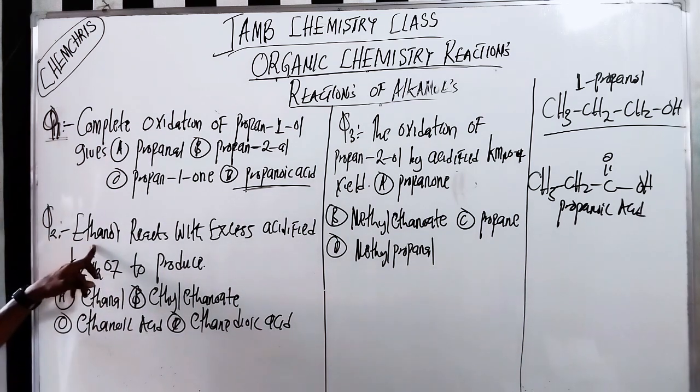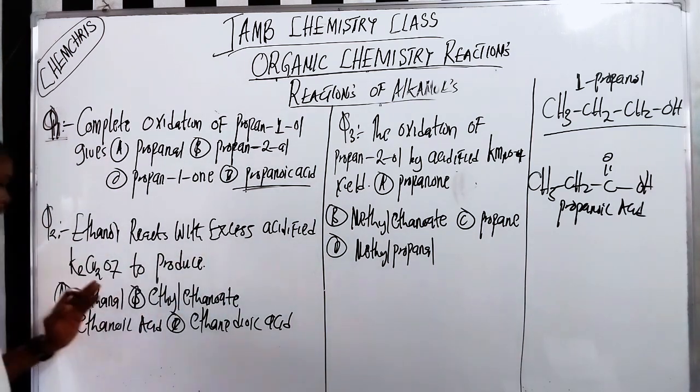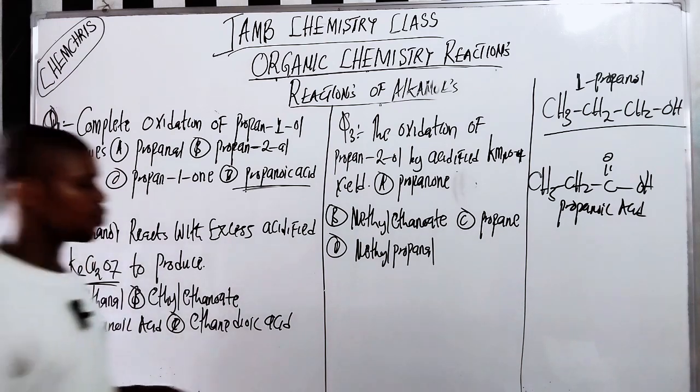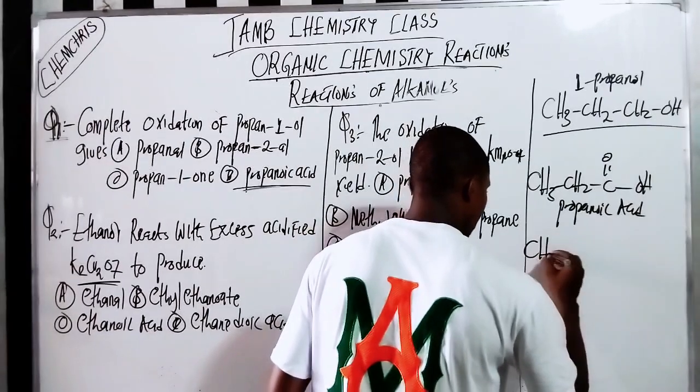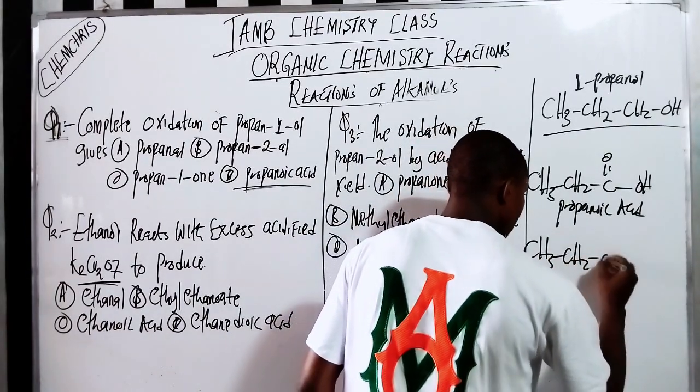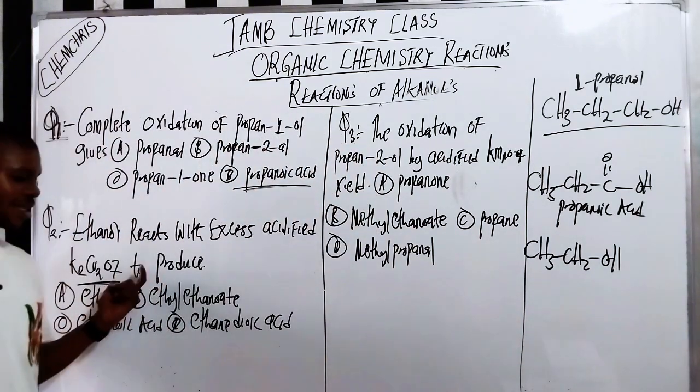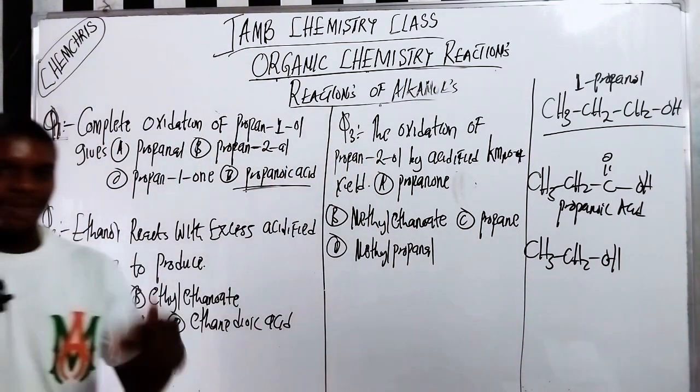Ethanol reacts with excess acidified K2Cr2O7. Now, this is a strong oxidizing agent. Ethanol is a primary alcohol. So when a primary alcohol is oxidized with a strong oxidizing agent, it will produce a carboxylic acid.